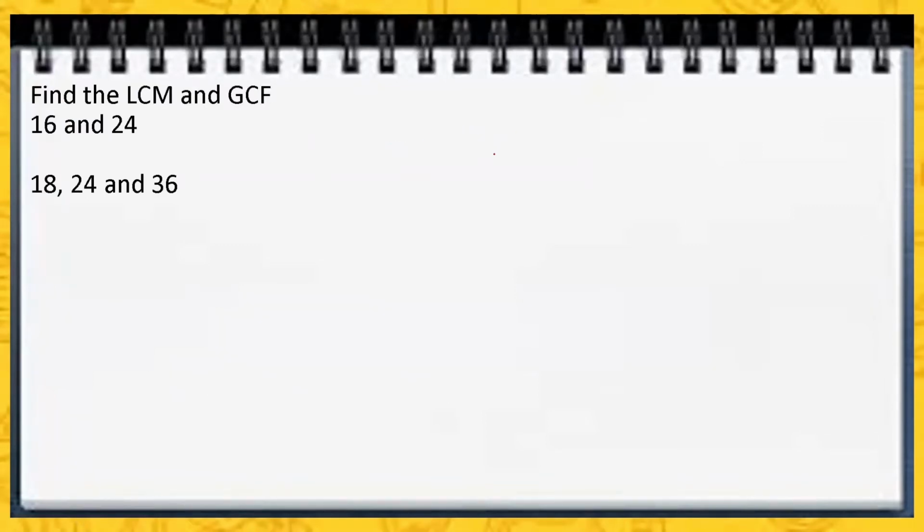Horizontally, it becomes 16 and 24. And then, we need to get the prime numbers that can be divided into 16 and 24. So, paano po ba yung continuous division?